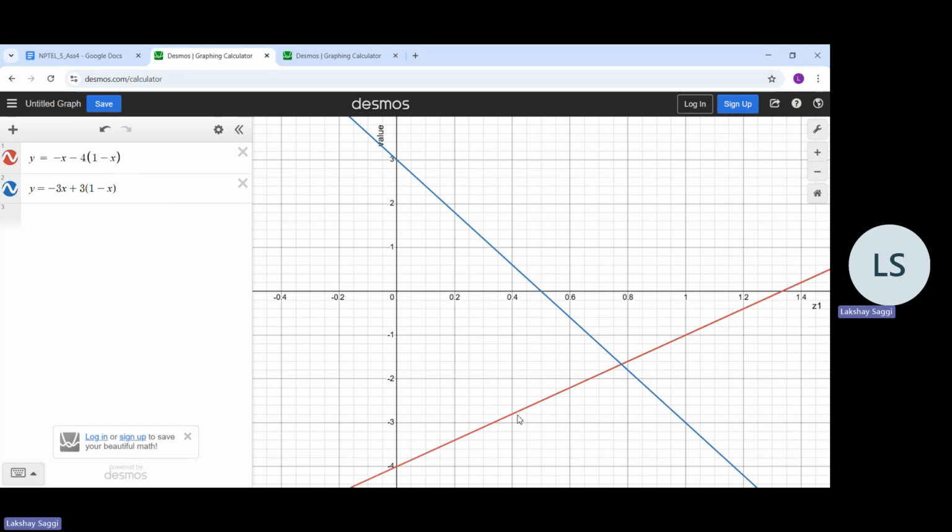But the column player now wants to find the maximum out of all these values, and note that the maximum will be achieved at this point, which is the highest point. You can see the value here is again -1.666, which is -5/3, so the value remains the same, but the probability Z1 chosen by the column player is something like 0.777778.